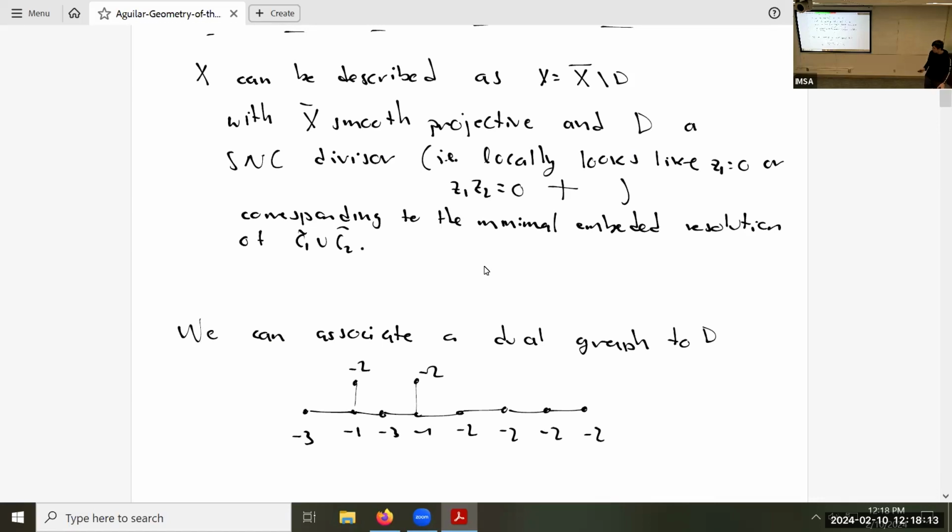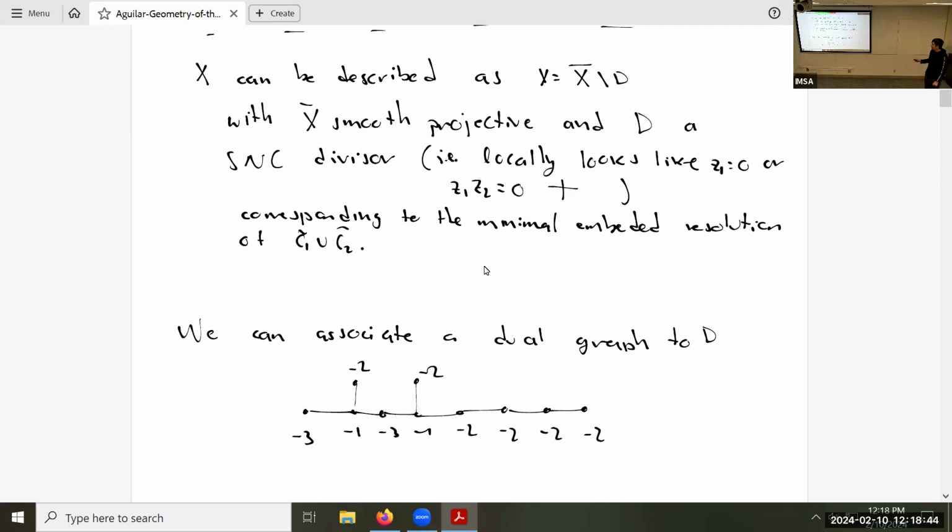Okay, so now something that will be useful for us is called the dual graph. And to associate a dual graph to a homology plane, we will do the following. We can write X as X bar minus D, where X bar is a smooth projective variety, and D is a simple normal crossing divisor. What is the meaning of that? It means that locally this divisor looks like a line or an intersection of two lines like this.